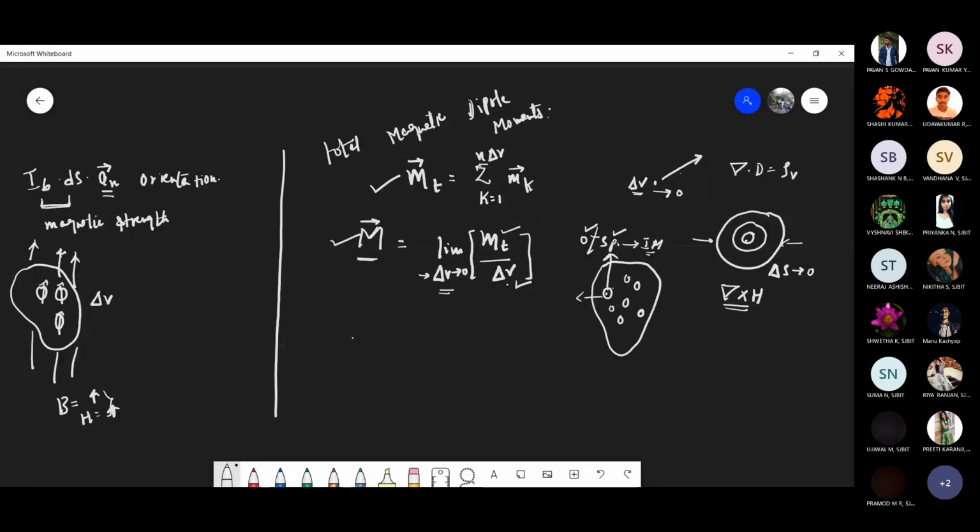This can be elaborated as magnetization M is equal to the limit delta V tends to 0 of 1 over delta V times m_t, where m_t is the summation k equal to 1 to n of delta V m_k, in ampere meters.